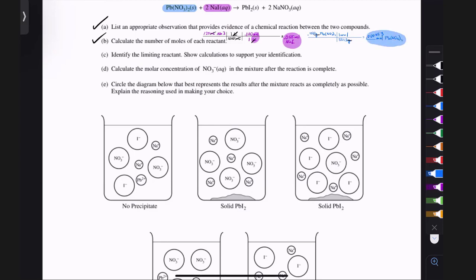I think it's easy to eyeball this one because the mole ratio of 1 to 2 tells you you're going to be using 1 mole of lead nitrate for every 2 moles of sodium iodide, and there are clearly far greater moles of NaI than lead nitrate, even if you have to use twice as many moles of NaI as lead nitrate. But you do need to show the work to support your identification.